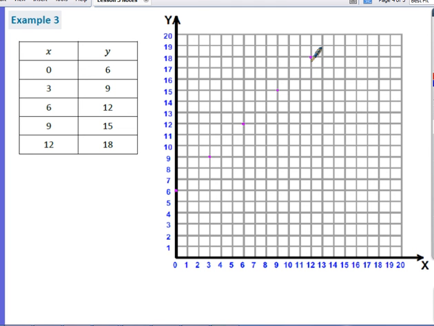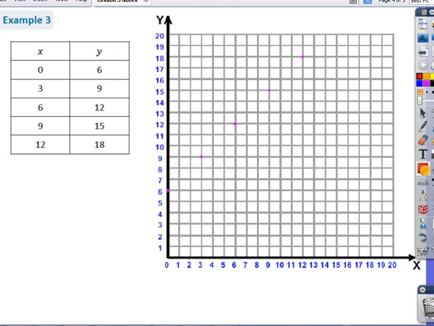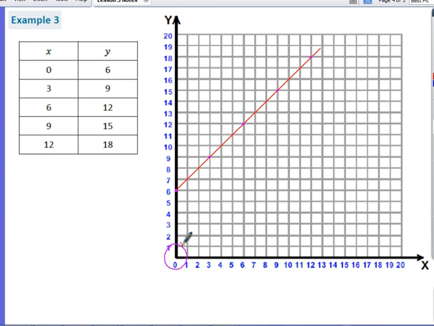Okay, so I'm going to get out my tool here and draw a straight line. Now you'll notice that when I draw this one, it does form a straight line. However, it fails the other element. It doesn't start at the origin. So we'll point out that there is nothing down here. It doesn't start at the origin.